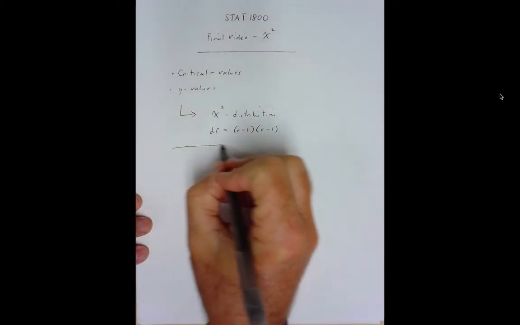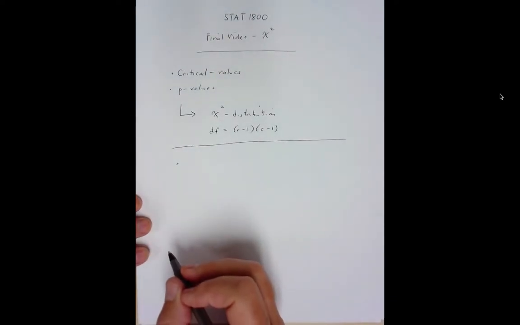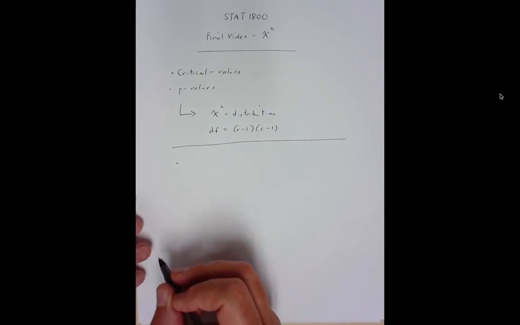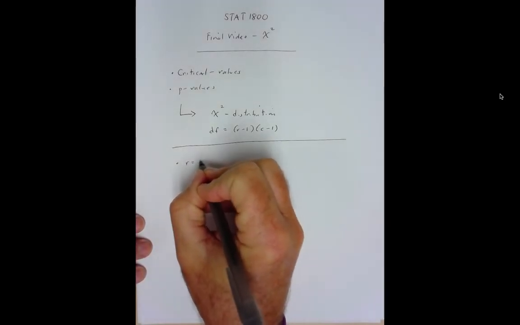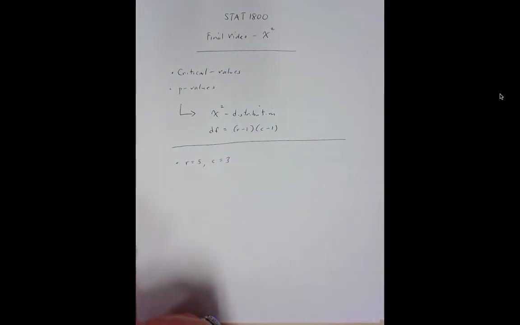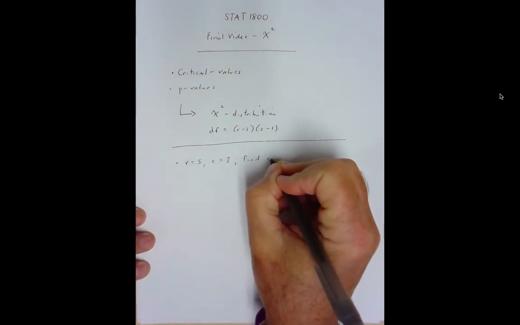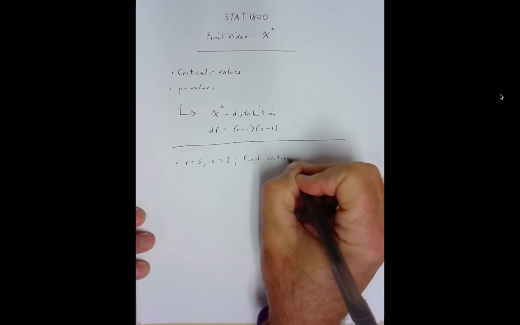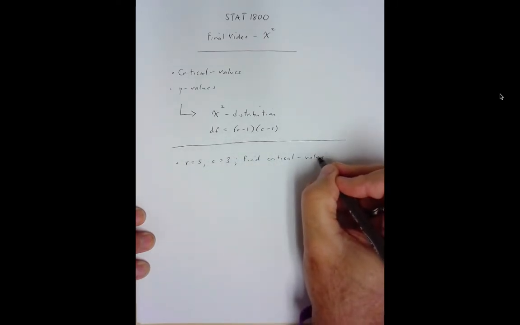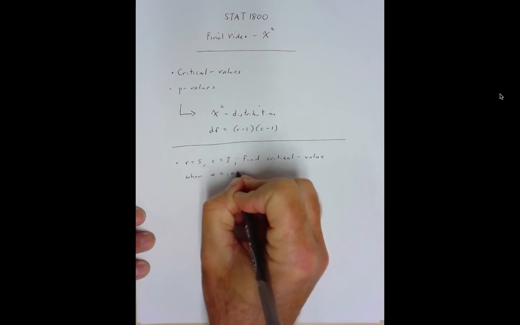So, for example, let's say we want to investigate the relationship between two categorical variables, and we have 5 rows and 3 columns, and we want to find the critical value when alpha is 0.01.